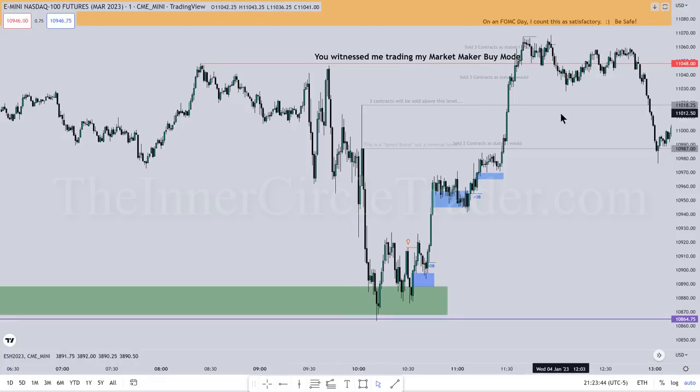And because it's FOMC and it's also non-farm payroll week, W-E-E-K, Monday through Friday, there's a tendency to be sloppy in price delivery. It's not as precise. Targets won't really get filled perfectly, or maybe not even get touched at all.